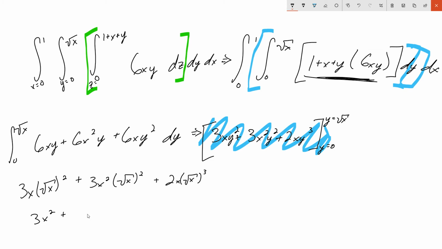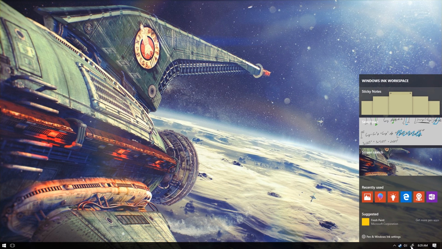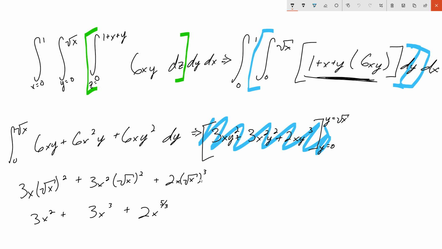And again, that'll simplify to 3x squared plus 3x cubed plus 2x, and that x is going to be to the power of 5 over 2, not 3, because we'll have that root x left over.